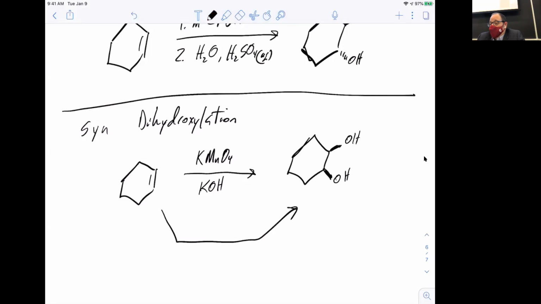So potassium permanganate works well, and osmium tetroxide works well.